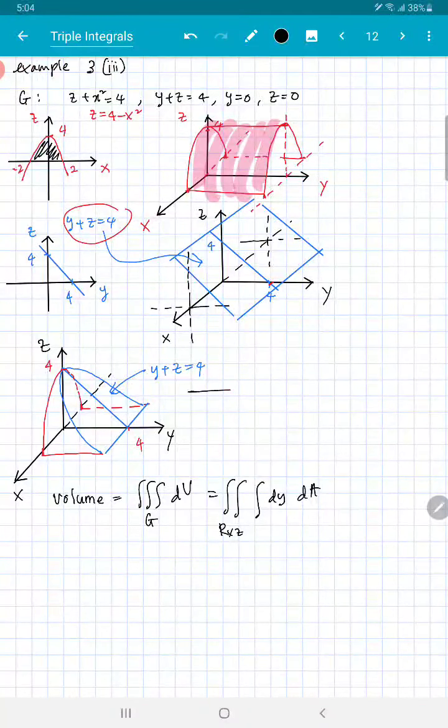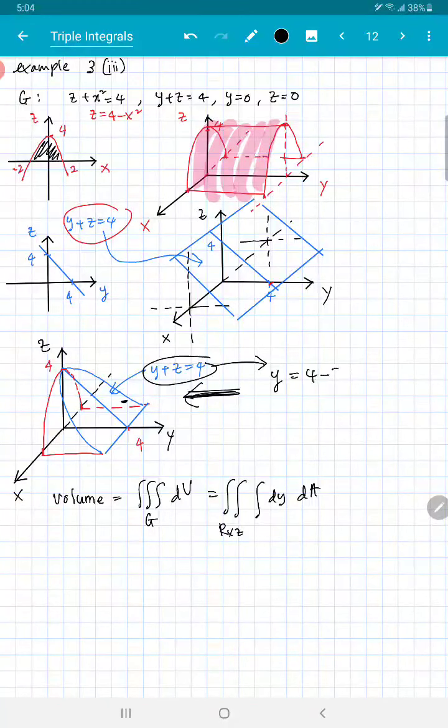Now let's figure out the limits for y. It's like having a torchlight on the right hand side here, and the first surface that you reach would be this plane, but you have to rewrite the equation of the plane so that you have y in terms of z. So y is equal to 4 minus z.